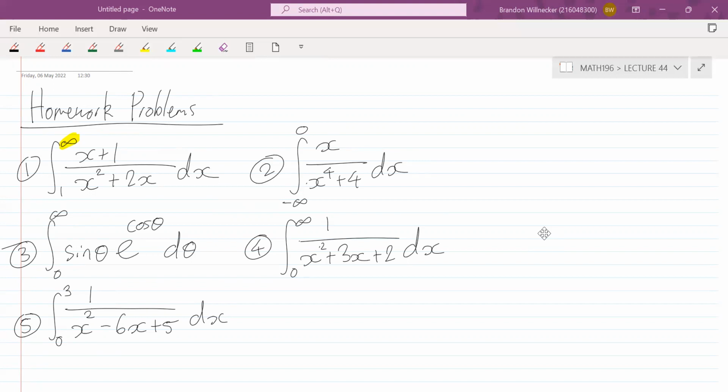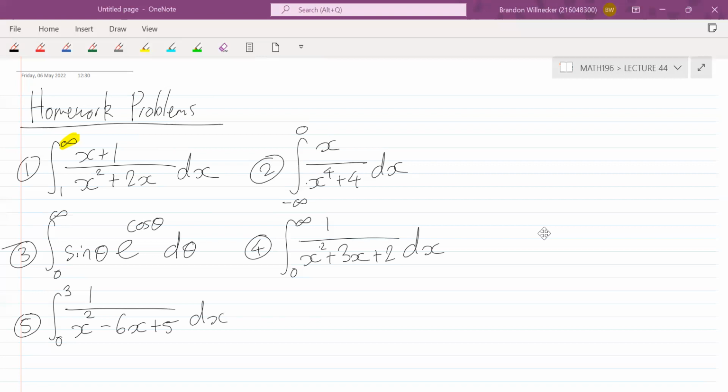Okay, I will see you on Monday for the remaining section on improper integrals, and that is the comparison test. So just a little preview of that. If we have an integral that we can't integrate directly, maybe it's too difficult, or maybe there isn't an antiderivative, then we can compare that integral to another integral that we can solve.